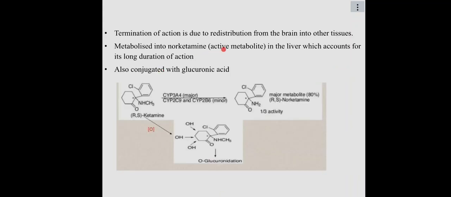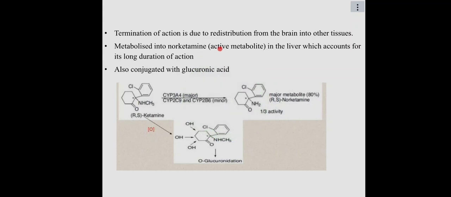Elimination of action is due to the distribution from the brain into other tissues. We have said all these drugs, because of their high lipid solubility, you can see it has the chloro group, and of course it has the phenyl group. Because of their high lipid solubility, they will be distributed to the surrounding tissues. It is metabolized into norketamine.